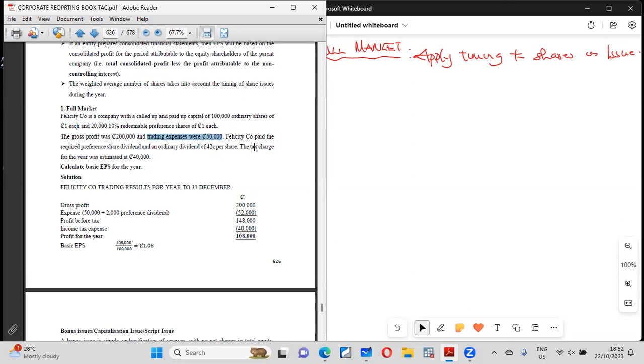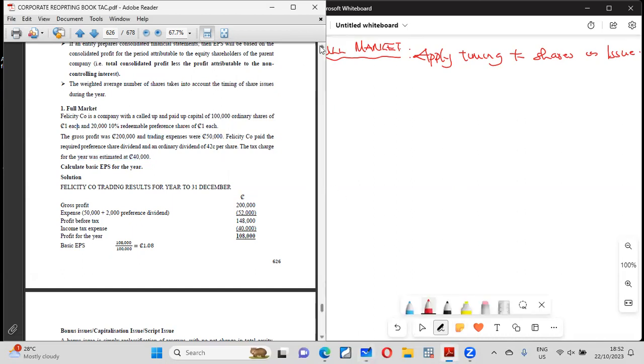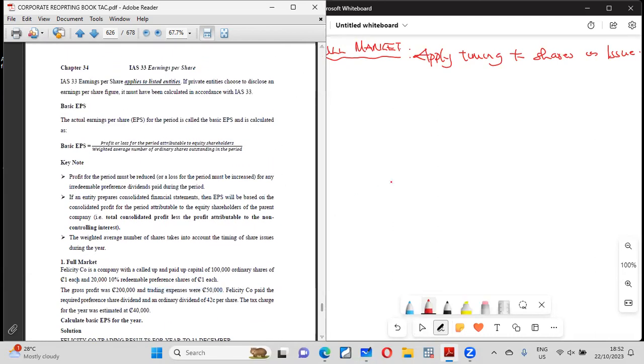The tax charge for the year was estimated to be 40,000. So that is that. Now, if that is the case, what do we say the earnings per share is?